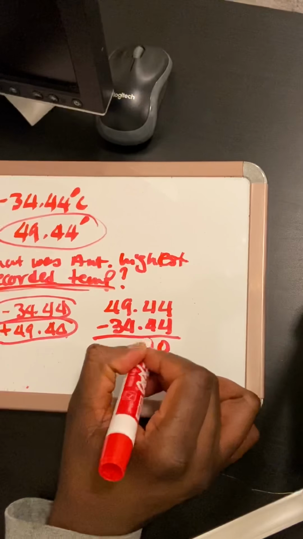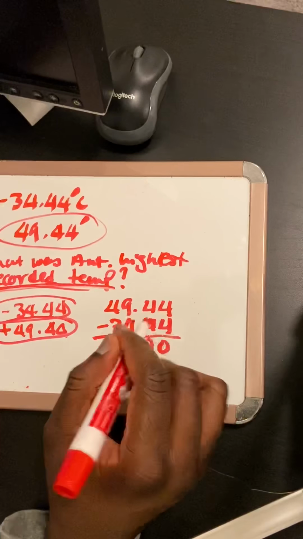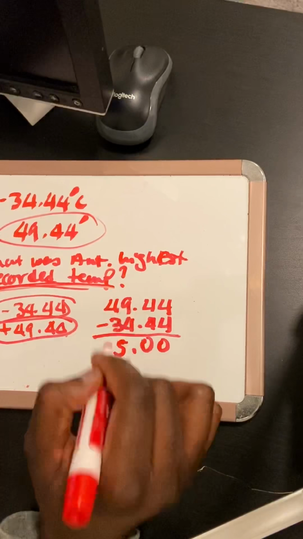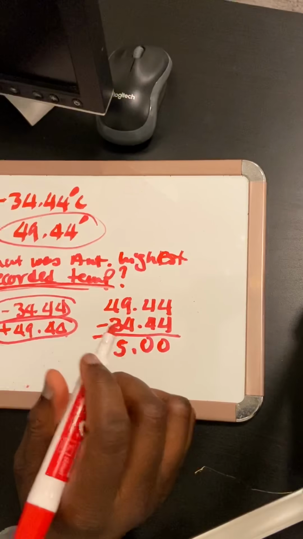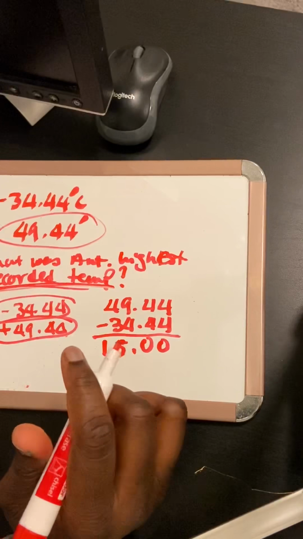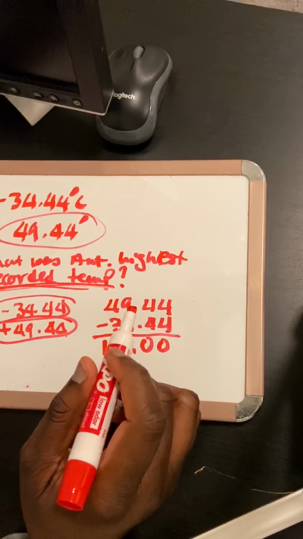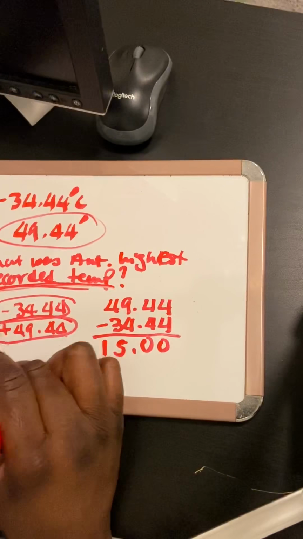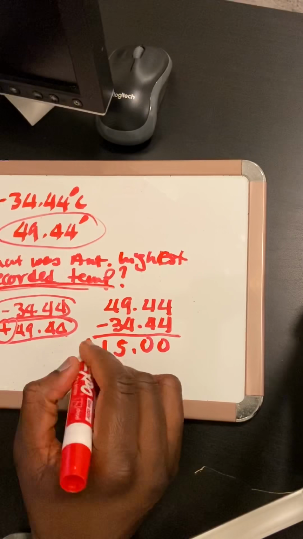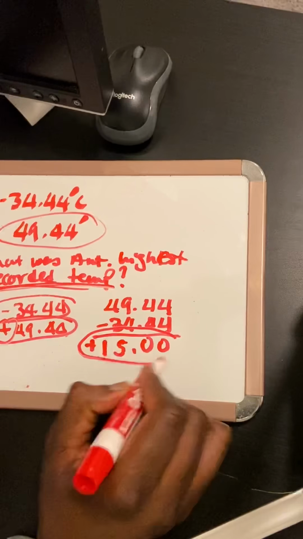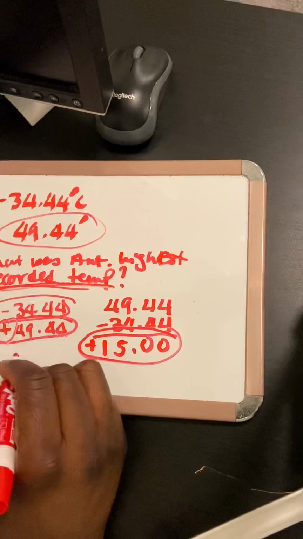This is 0, 0, 9 minus 4 is 5, 4 minus 3 is 1. And our highest absolute value is a positive number, so this remains a positive. So on the Do Now, the correct answer is C.